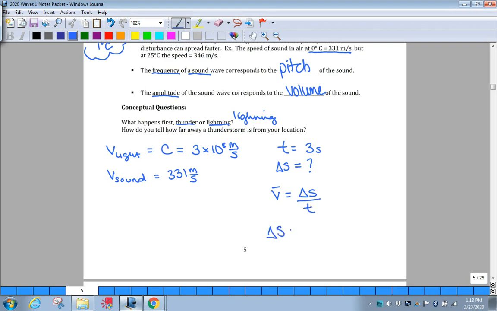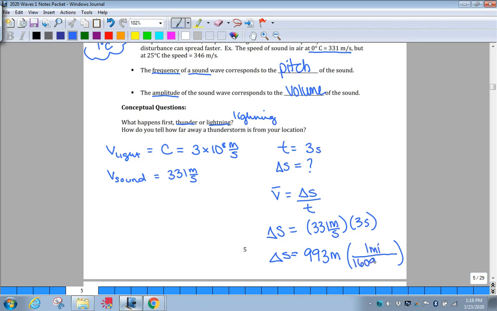If you want to get really specific, you could calculate the speed of sound based upon the temperature, and you would find the storm is 993 meters away.